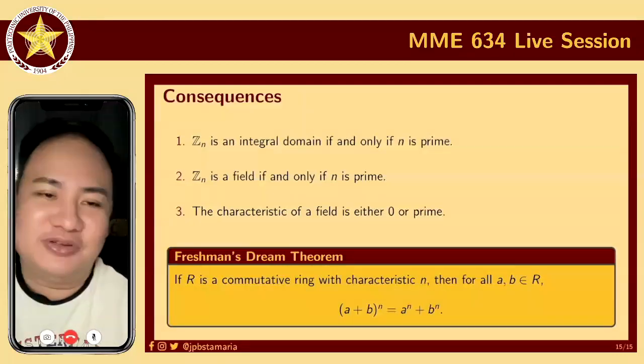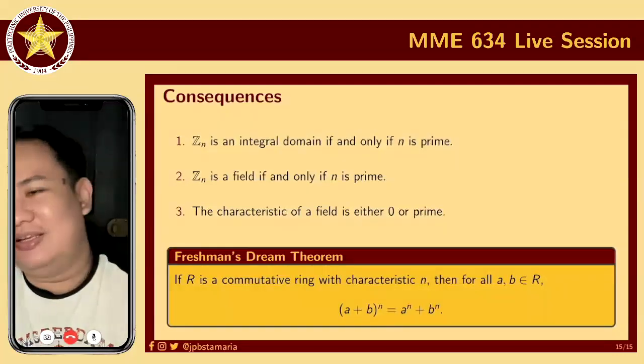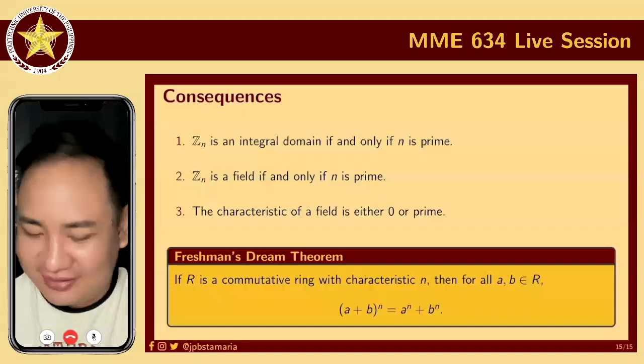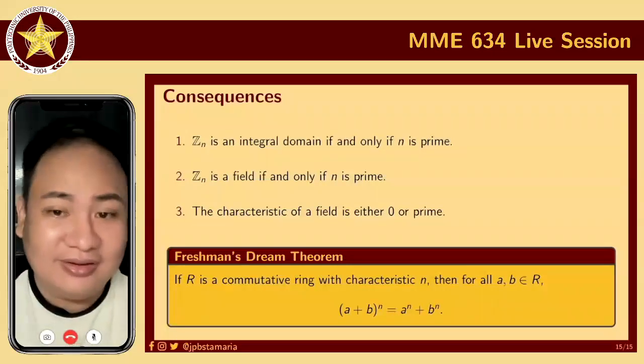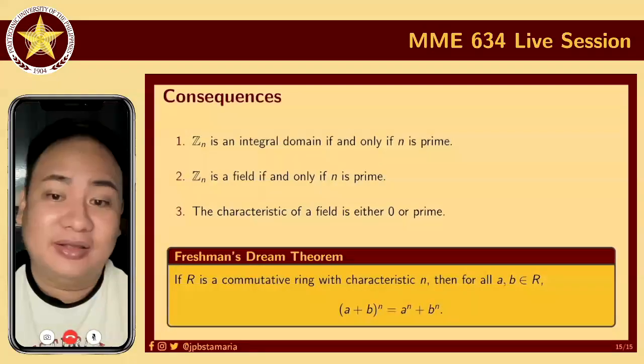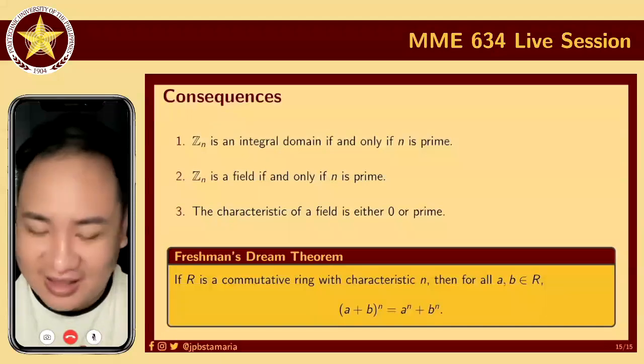First of all, the name freshman's dream is because when a first timer in algebra has x plus y squared, they usually write x squared plus y squared. It turns out that this is really the case, as long as the characteristic is n.